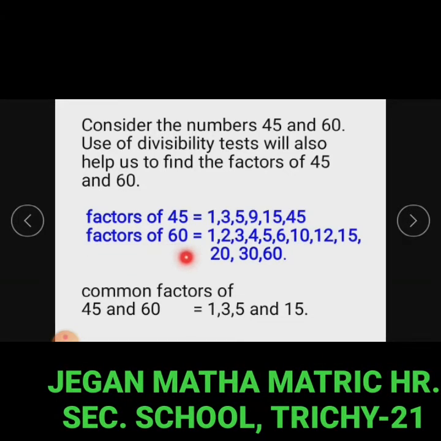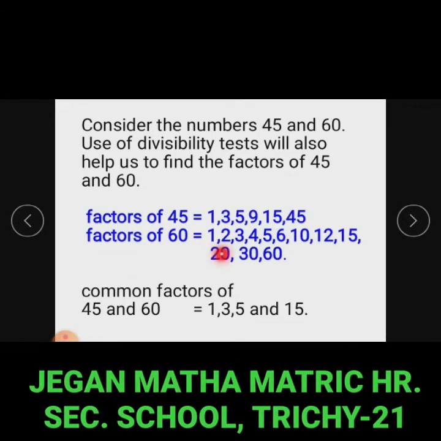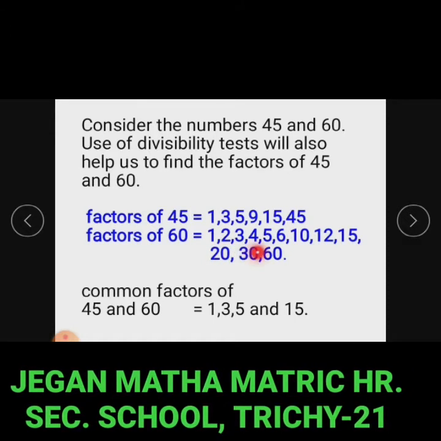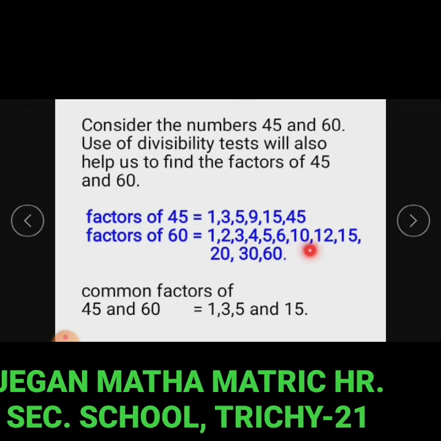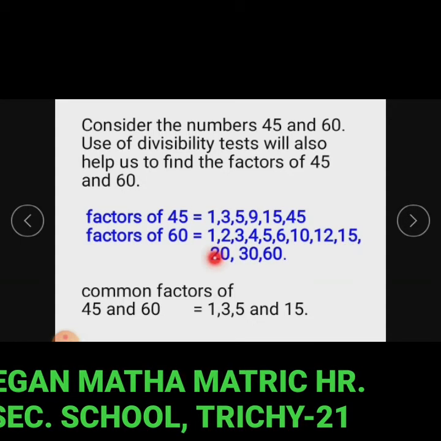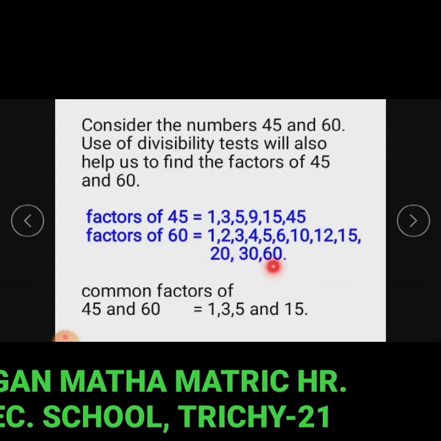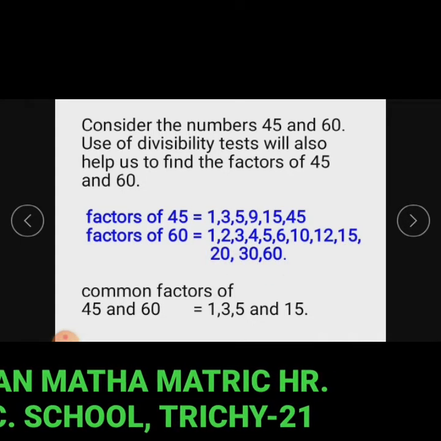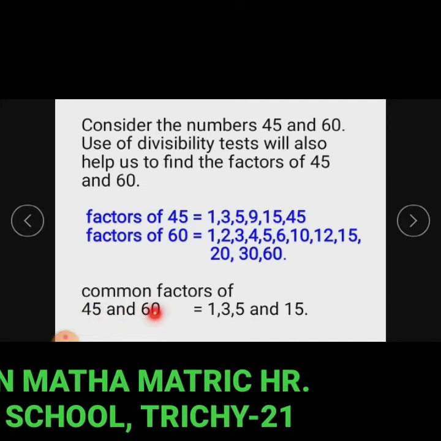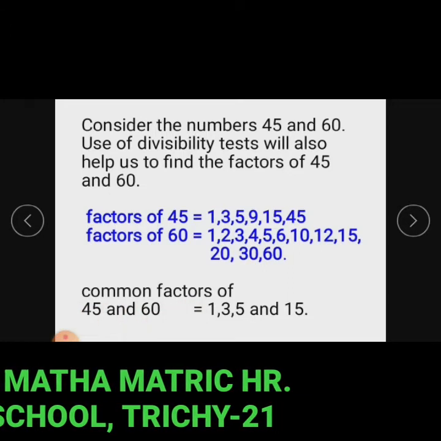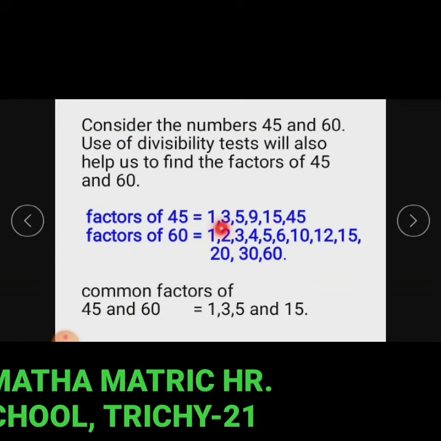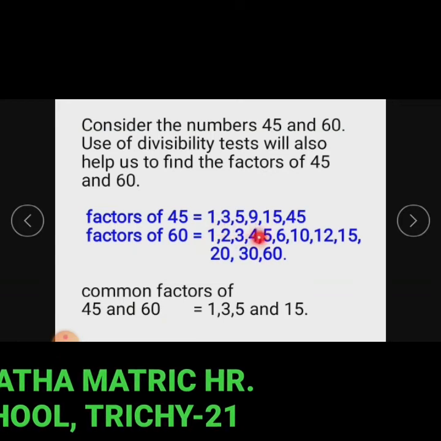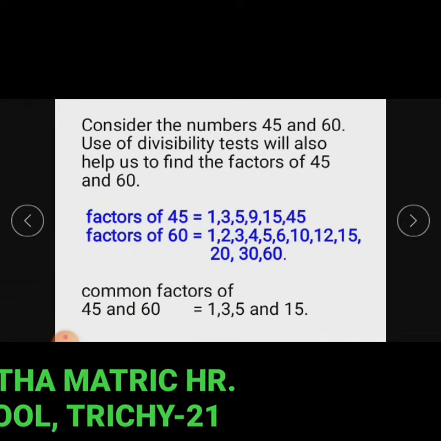Factors of 60 equal 1, 2, 3, 4, 5, 6, 10, 12, 15, 20, 30 and 60. The common factors of 45 and 60 equal 1, 3, 5 and 15.